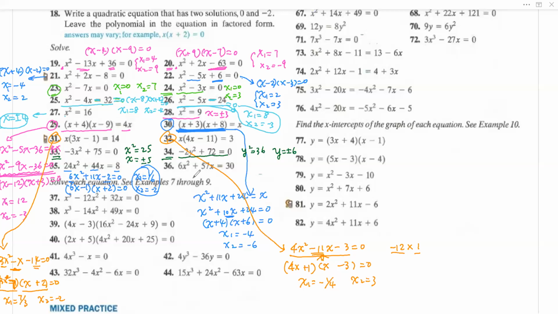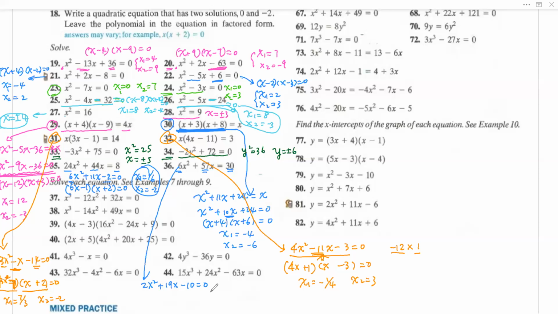All right, let's see 36. Let me go down, I find some space here. The same, 6, 57, 30. So which one is their common factor? 3, right? 3 is their common factor. So we get 2x squared plus 19x, and here is 10, right? So move to left, negative 10. All right.